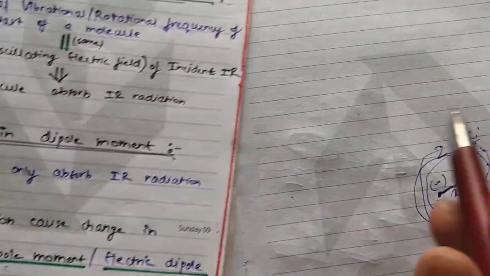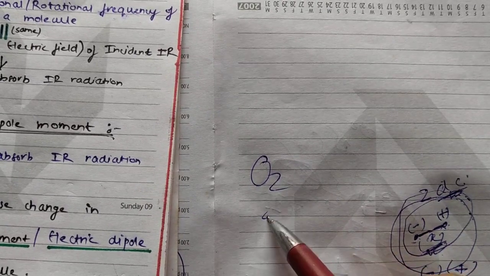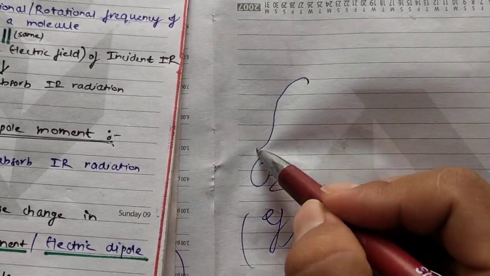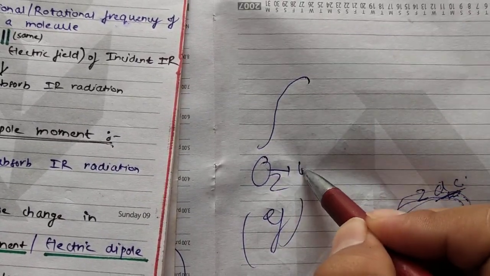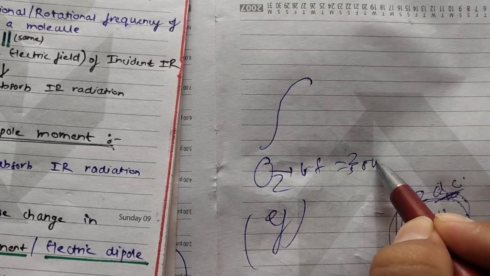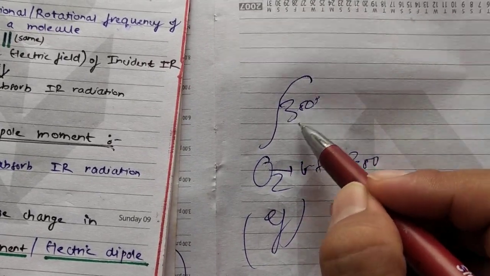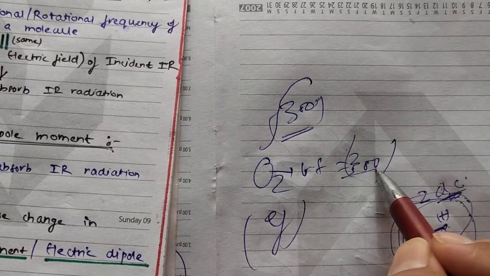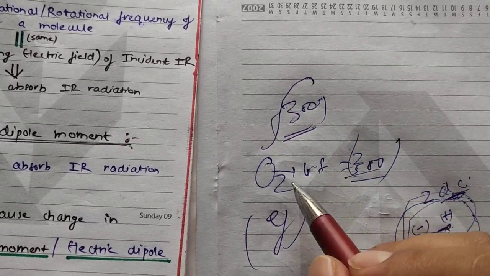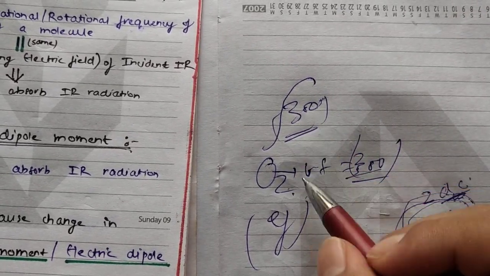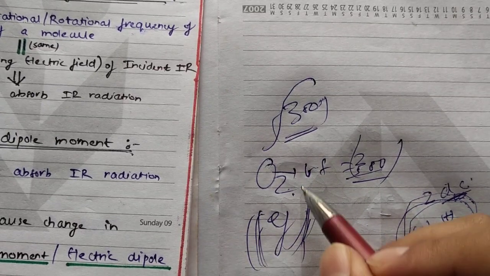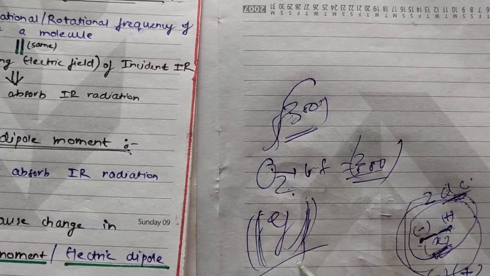Like in oxygen, they don't have an electric field. So if their vibration frequency is 300 and the falling radiation is also 300, matching this condition is not enough. They must have an electric field. Why? Because if they absorb, there should be some change in the electric field.